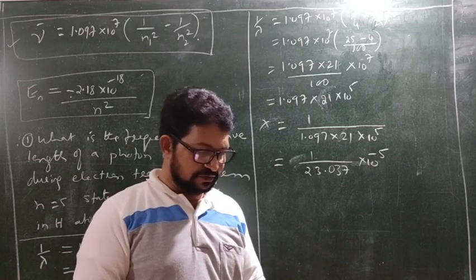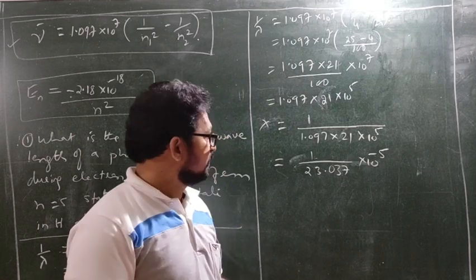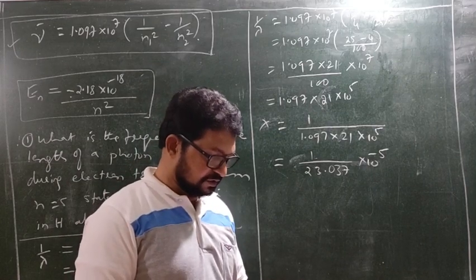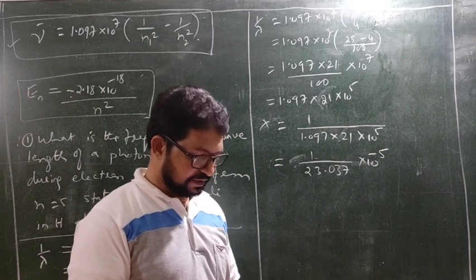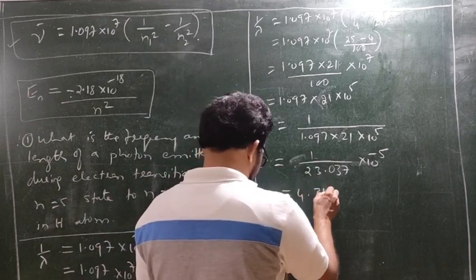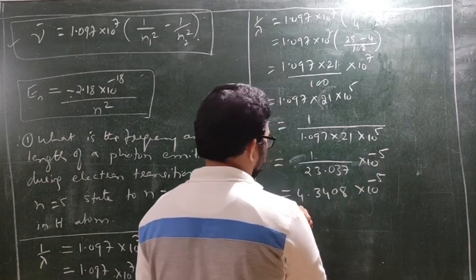Now 1 divided by 23.037 becomes 4.3408 into 10 raised to minus 5.